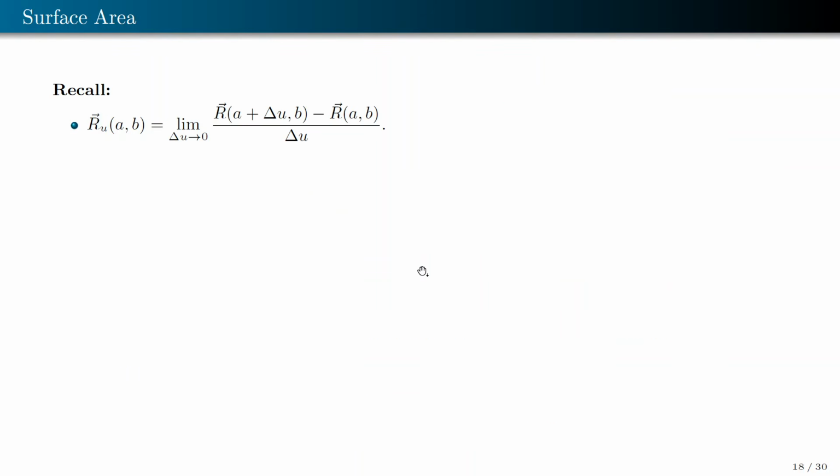topics from calculus. So una, R sub u by definition is the limit of this difference quotient as delta u goes to 0. So definition lang ta. Okay, tapos using the general concept of limit, as delta u goes to 0, if we replace delta u by something near 0, or in other words, if delta u is small enough, then yung expression na to will be approximately equal to dito sa left-hand side, or magkalapit sila.